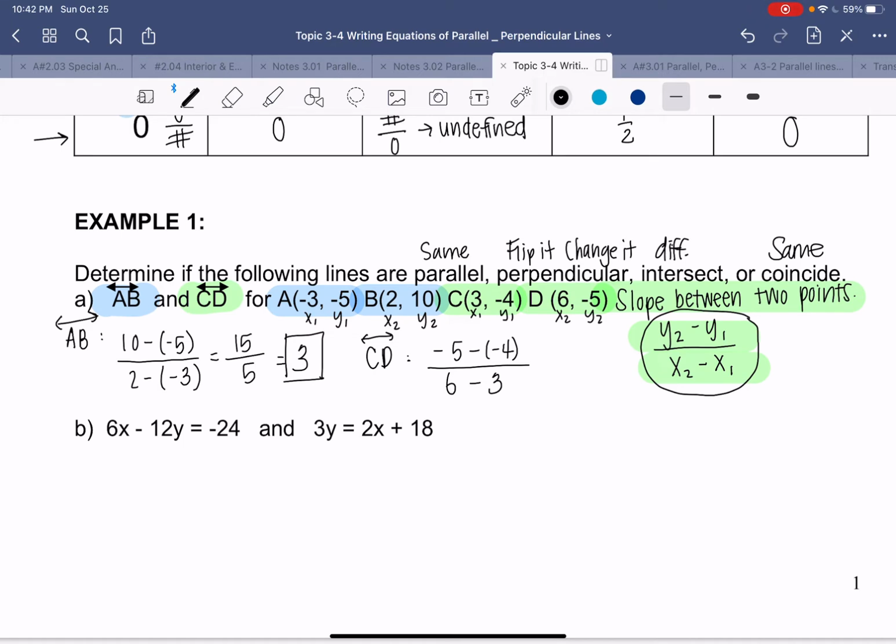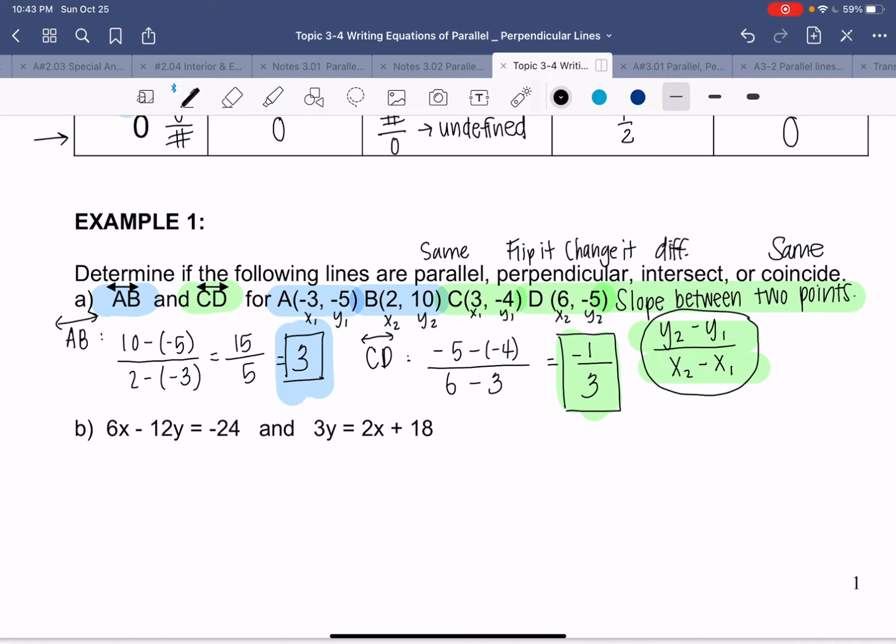Okay, so -5 minus a -4 is a -1. And 6 minus 3 is 3. Okay, so we need to determine, are these the same, opposite, reciprocal, or different? Okay, so they're definitely different.